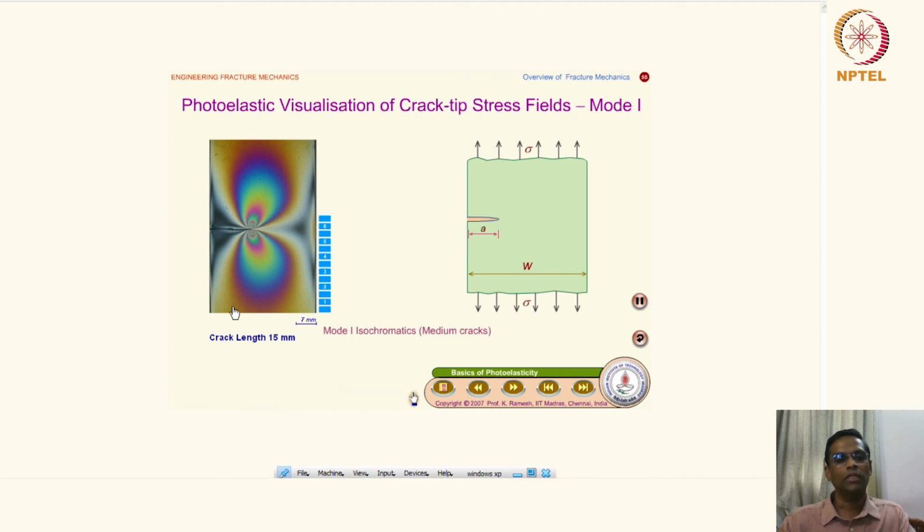We are not going to discuss them in detail, but this is just to give you an idea how photoelasticity visualizes the crack tip stress fields. Okay. We will discuss the stress fields, but we will not get into photoelasticity, but it gives you an overall very nice visual impression of the stress distribution around the crack tip.